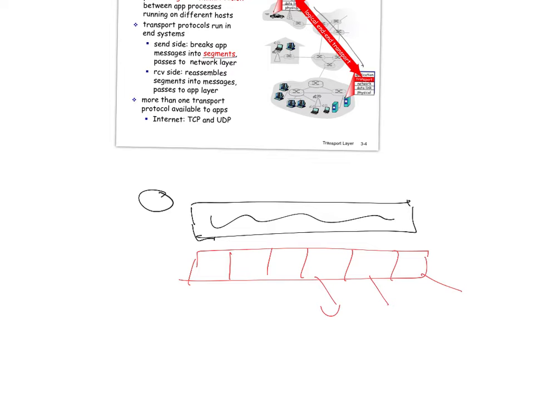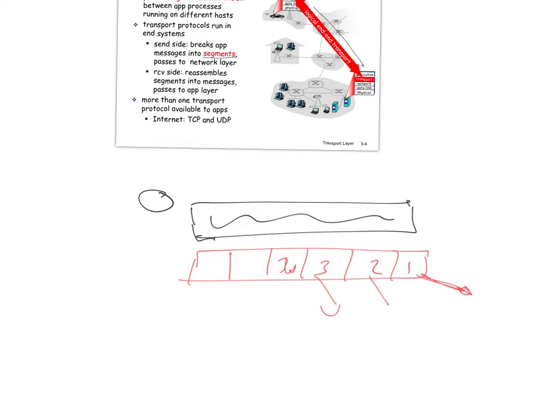Okay? So when we send these segments, the receiver side depends on whether we are talking about connection-oriented or connectionless. Sometimes we have to number these segments. We say 1, 2, 3, 4, especially if we're talking about connectionless protocols. Why?